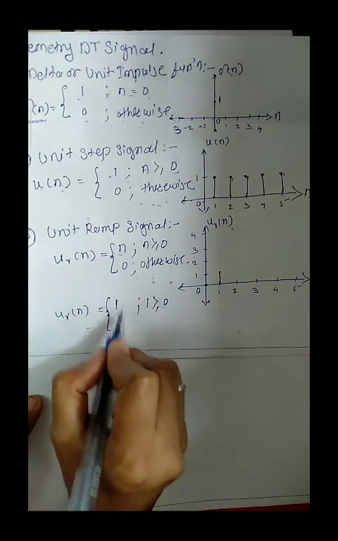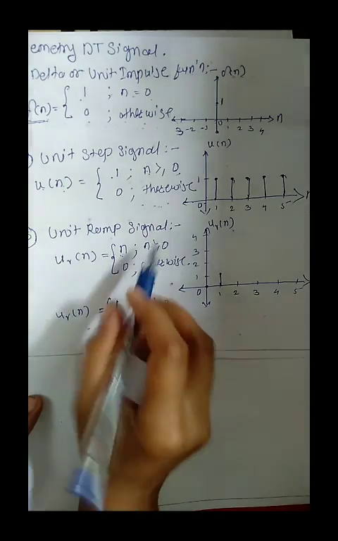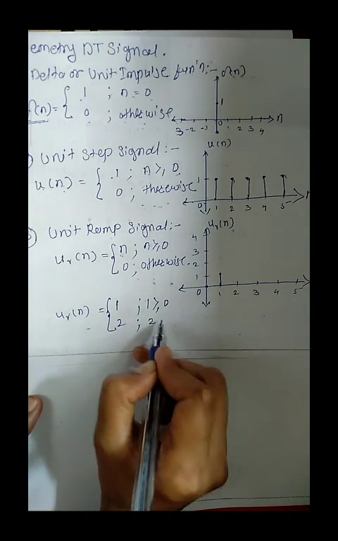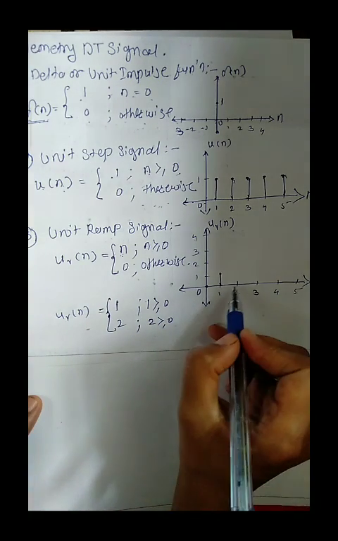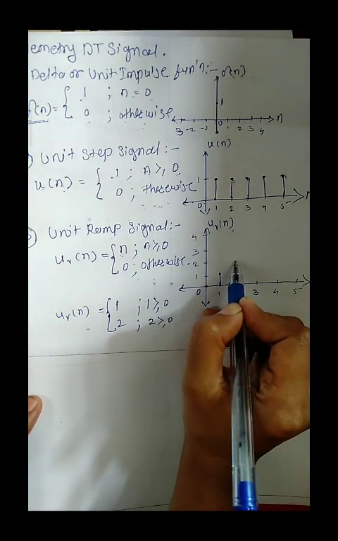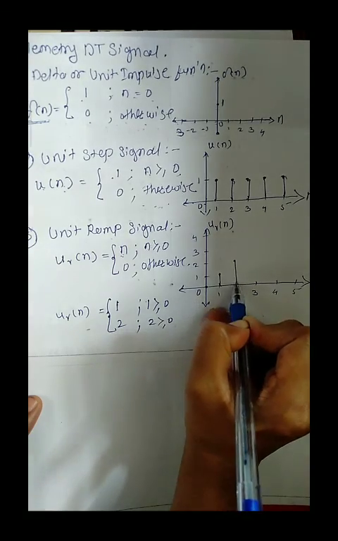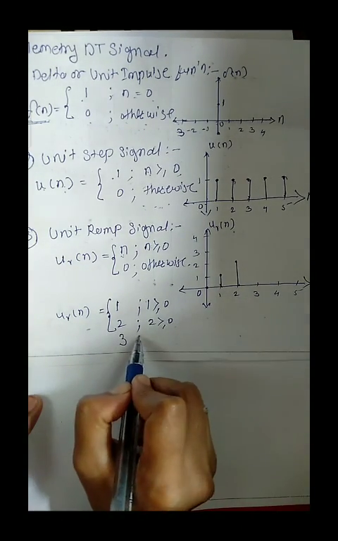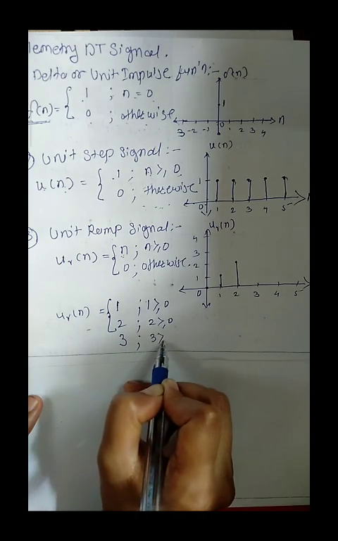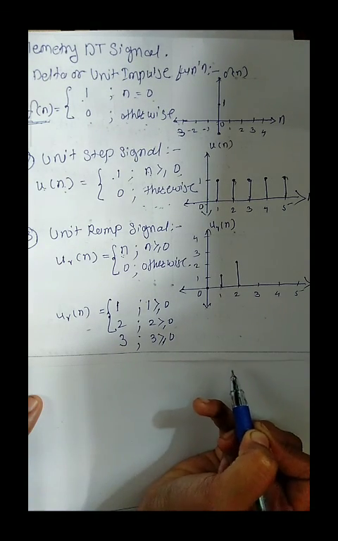Next, n is equal to 2, which is greater than or equal to 0. The value of n is 2, and the value of u r of n is 2. Then n is equal to 3, which is greater than or equal to 0.